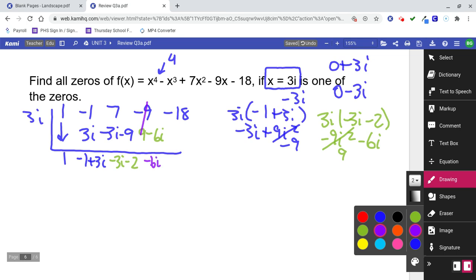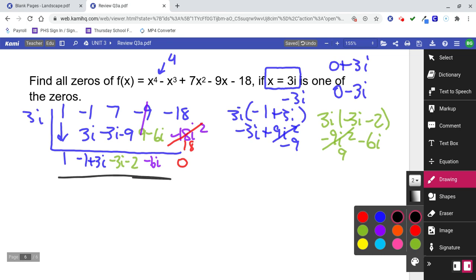I just get negative 6i. Multiply, that's negative 18i squared. But negative 18i squared is just 18. So add straight down, and that's 0. I knew it was going to be 0. They told me it was a 0. So that wasn't a big surprise that worked.